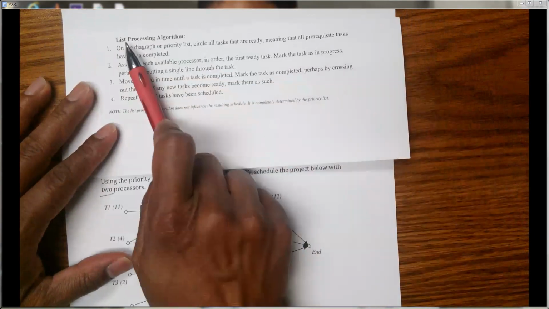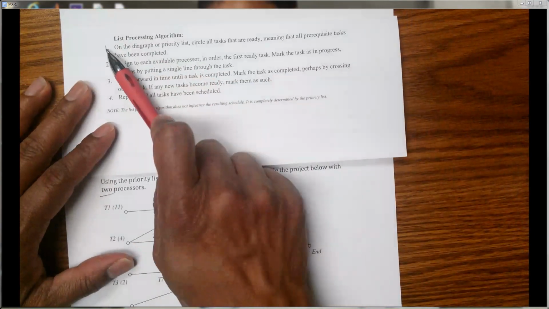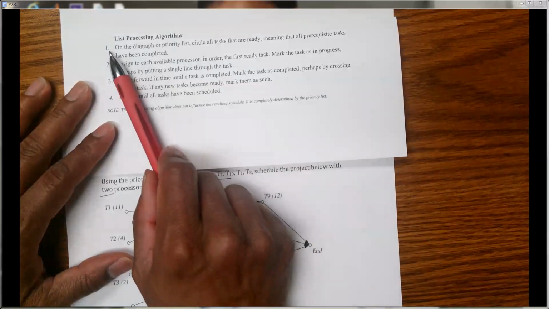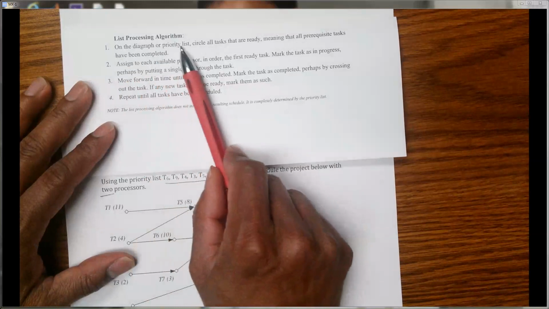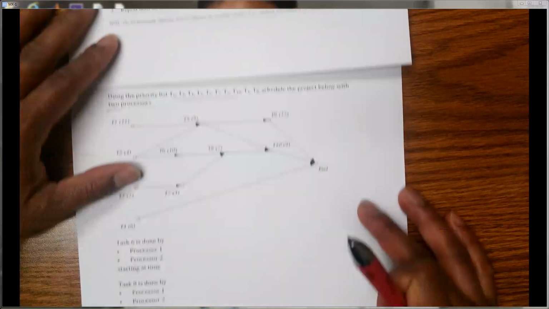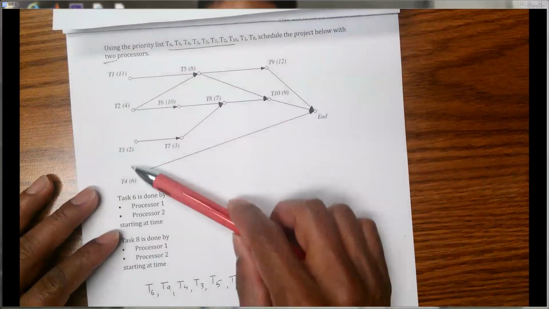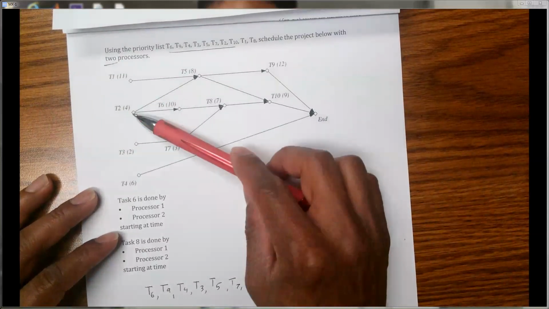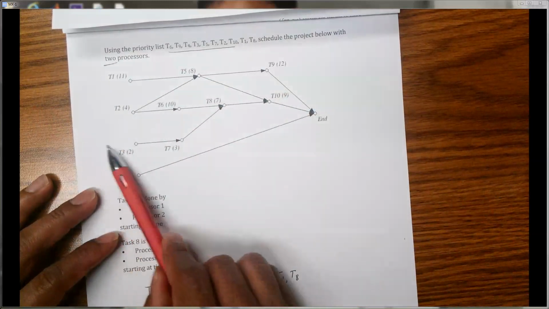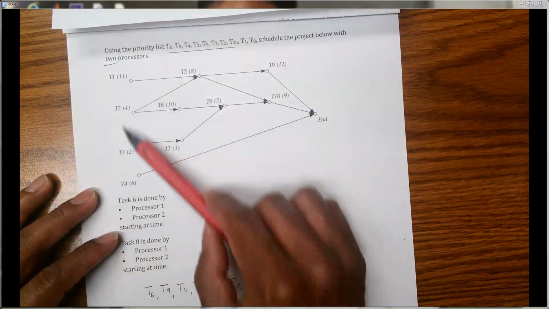So this is our list processing algorithm, and there are 4 steps I need to take: 1, 2, 3, and 4. The first step is, on the diagram or the priority list, circle all the tasks that are ready. I can see from this diagram that tasks T1, T2, T3, and T4 have no arrow coming from any other vertices, so they are ready.